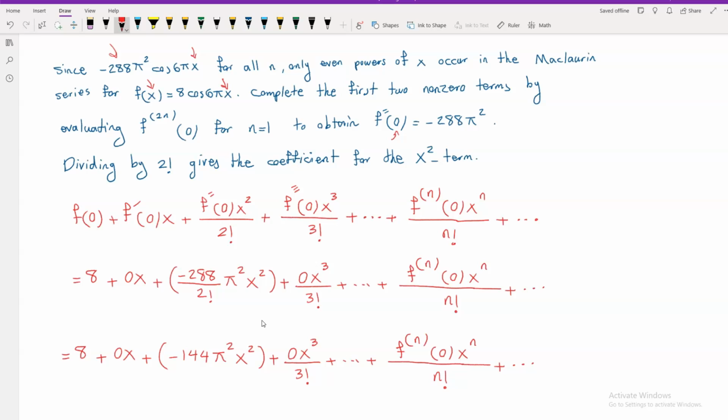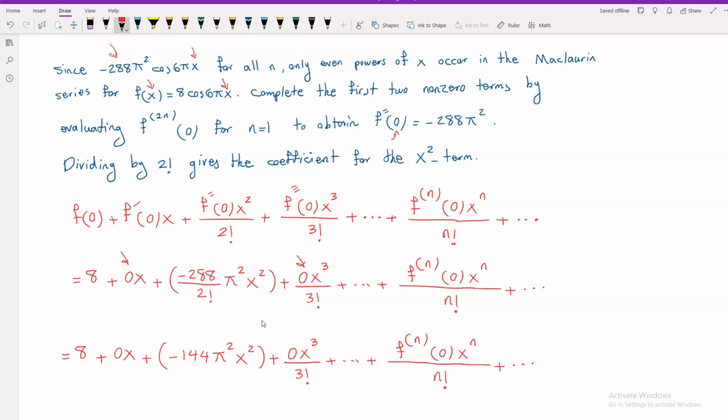Plus first derivative of 0. For first derivative, we have sine, and sine 0 is 0. That's why we have 0 for odd derivatives. So for odd derivatives, here we have 0 for all of these. And then multiply by x.